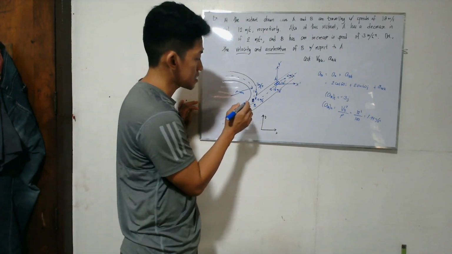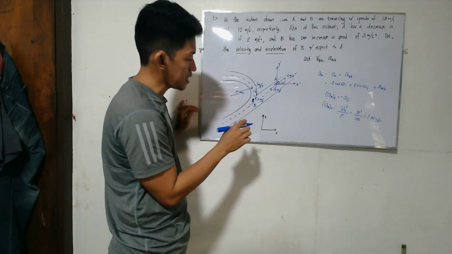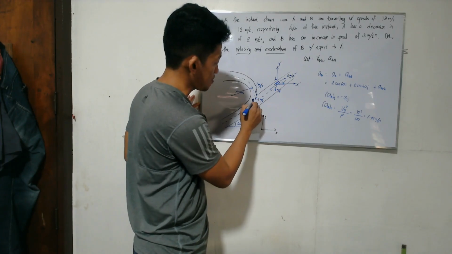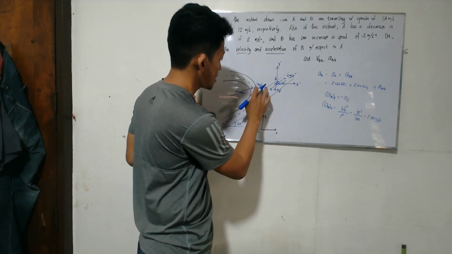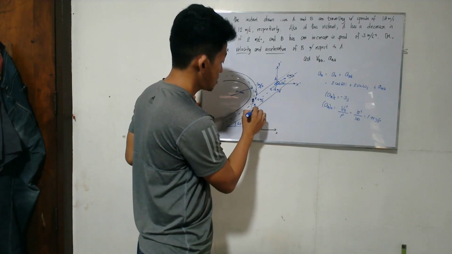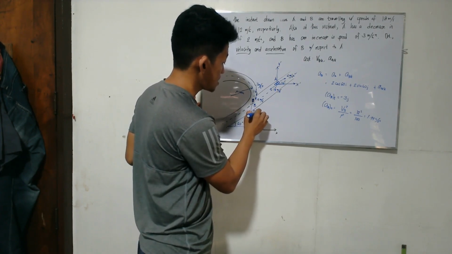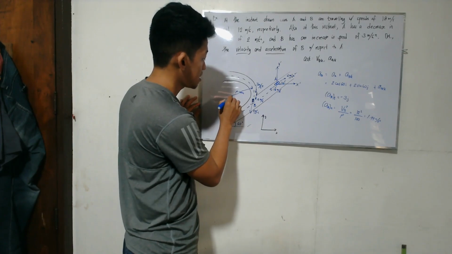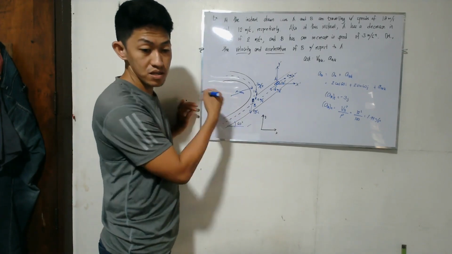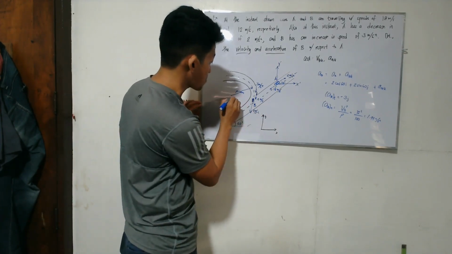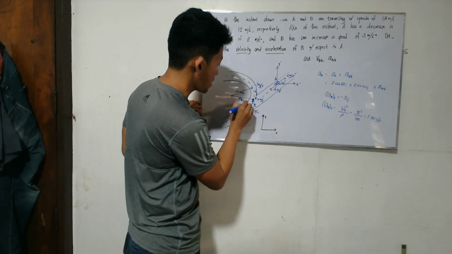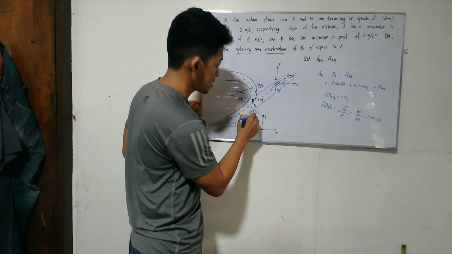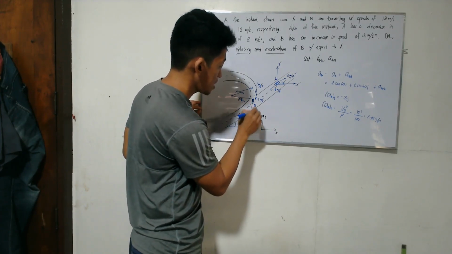But since this 3 is the tangential, the normal is always going to the center of curvature. So this is the normal, and this acceleration of B is tangential.